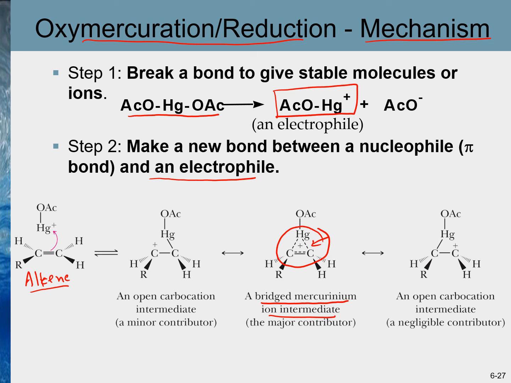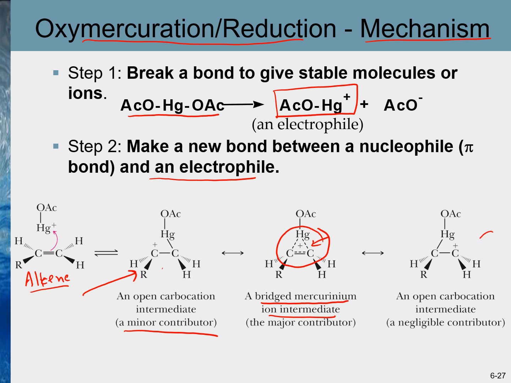So this open cation structure with the positive charge on the secondary carbon, which is shown here, is a minor contributor to the resonance hybrid.